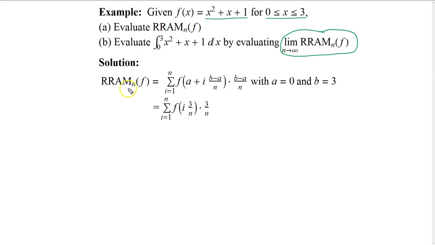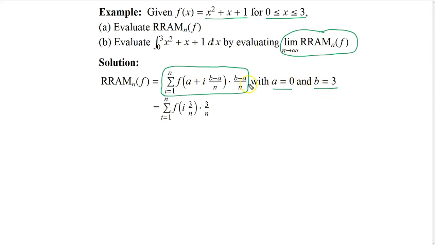So we start out with our definition for RRAM. Remember, it's equal to this, where in this case the a is equal to 0 and the b will be equal to our right-hand endpoint, which is 3.